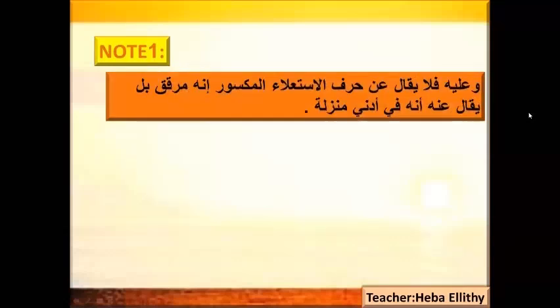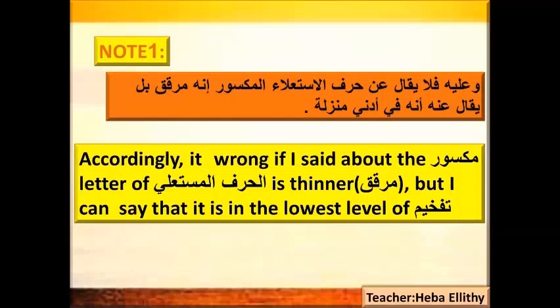Note number 1. وعليه فلا يقال عن حرف الاستعلاء المكسور إنه مرقق، بل يقال عنه أنه في أدنى منزلة. It's wrong to say that the مكسور letter of الحروف المستعلية is مرقق, but I can say instead it is in the lowest level of تفخيم.